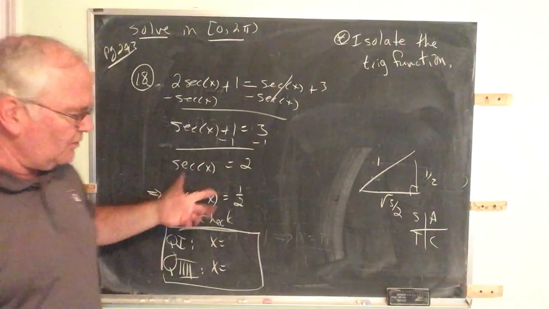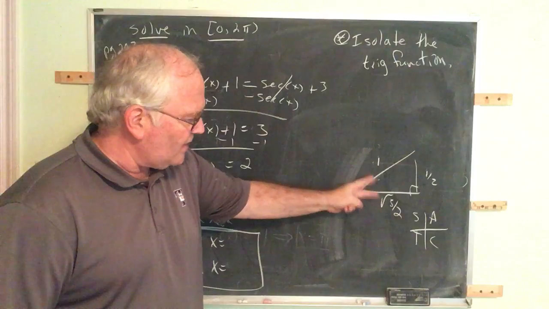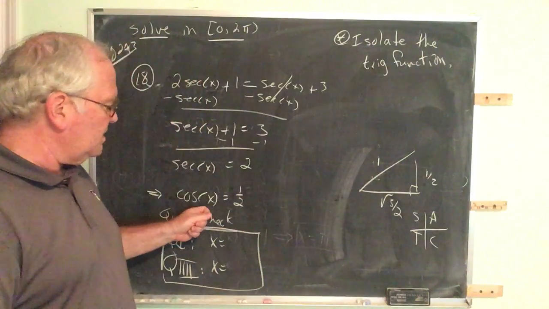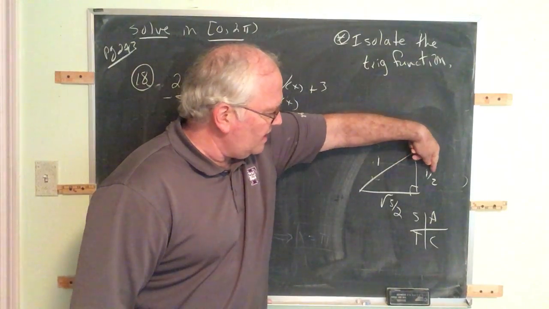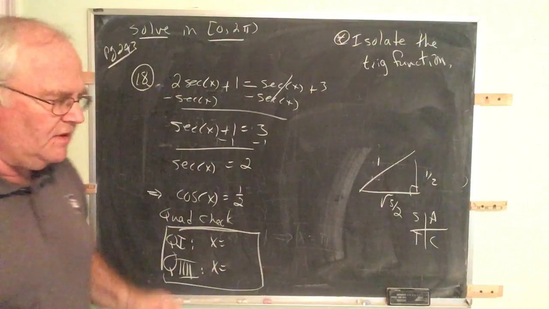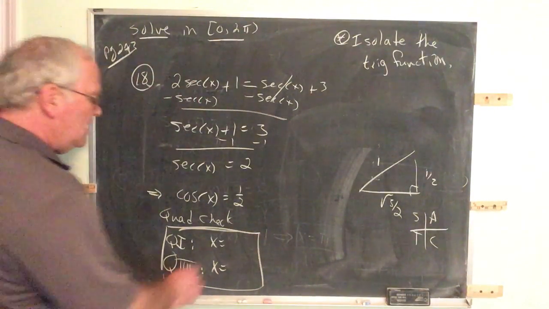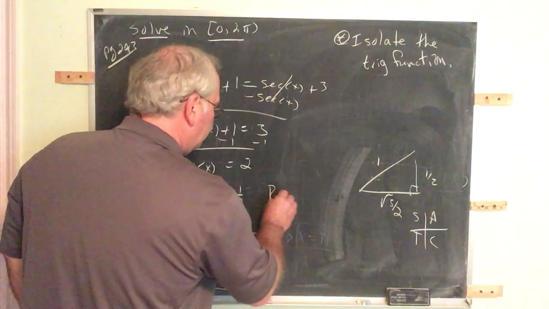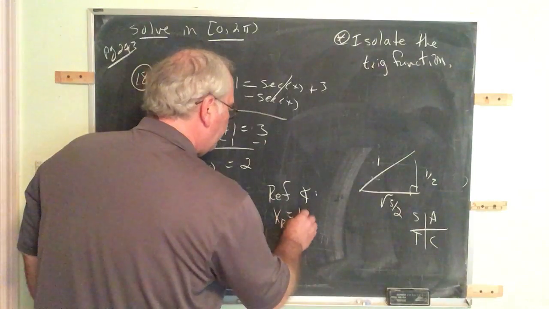And is it pretty clear? We just try one, see if it works. Try this. Adjacent, no, this is a radical 3. We don't want that. We want cosine adjacent over hypotenuse to equal 1/2. Here, this angle, adjacent over hypotenuse, is 1/2. That's the angle we want. Even though it's 60 degrees, we know that's pi over 3 radians. So that's the reference angle. We have x reference is pi over 3.